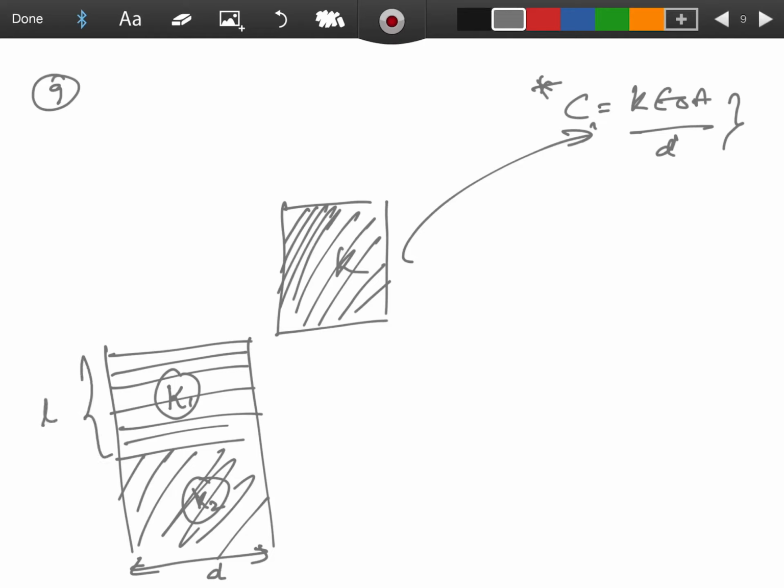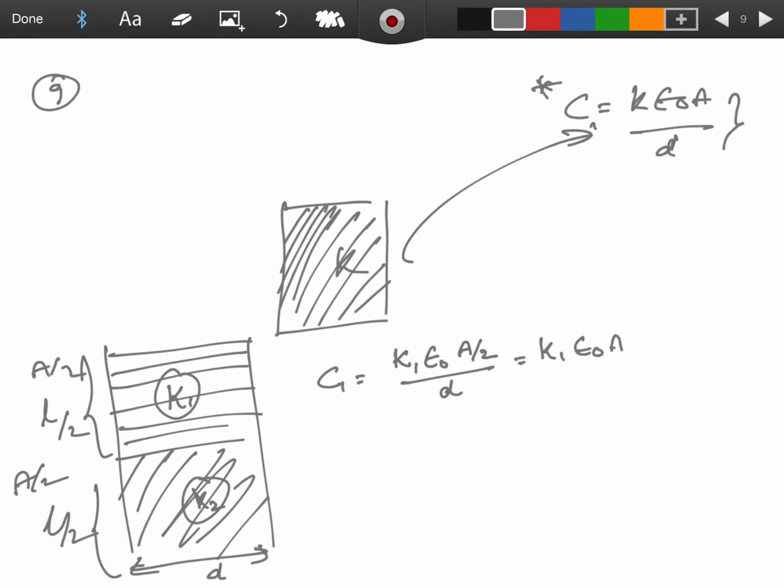This length is L by 2, this length L by 2. Then the area also, this is A by 2, this is A by 2. Here C dash equal to K1 epsilon naught, area A by 2, distance d, which is K1 epsilon naught A by 2d.